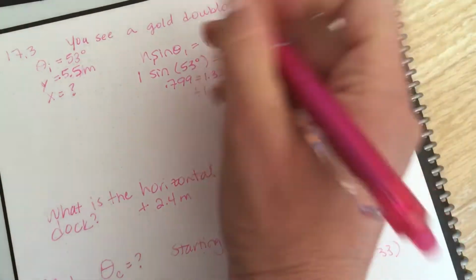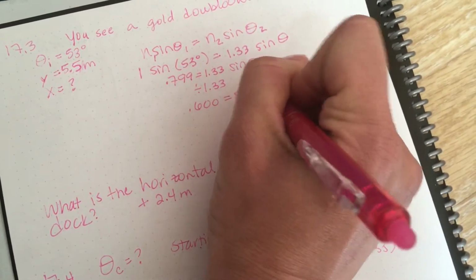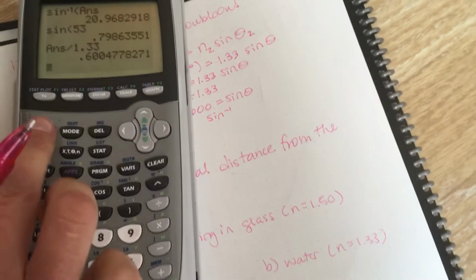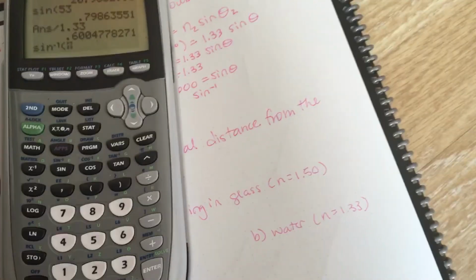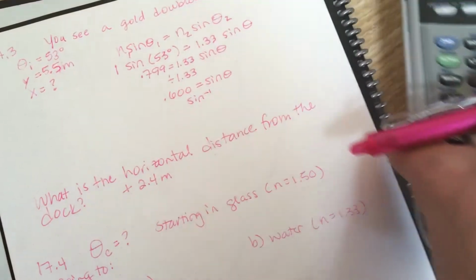We get 0.6. And then take the inverse sine. If you know your special right triangle rules, you already know the answer: 37 degrees.